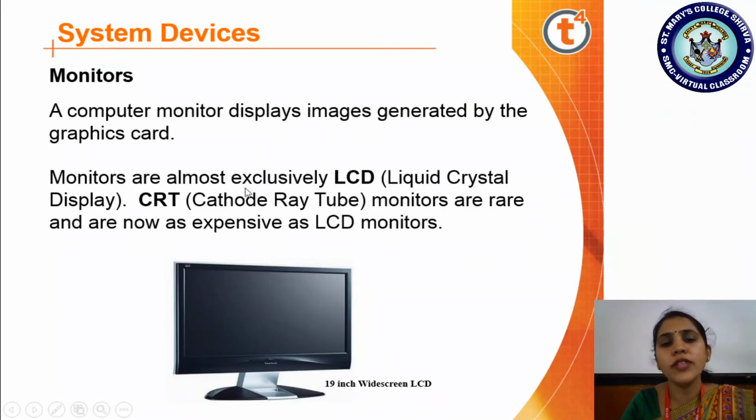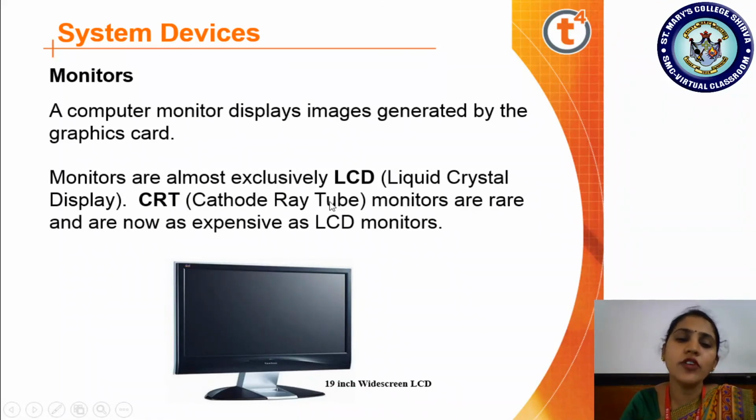And they are almost exclusively LCD or CRT, right? How will we say these terms? Liquid crystal display and cathode ray tube, right? So these are the types or categories of display monitors. Monitors come in these various classifications.